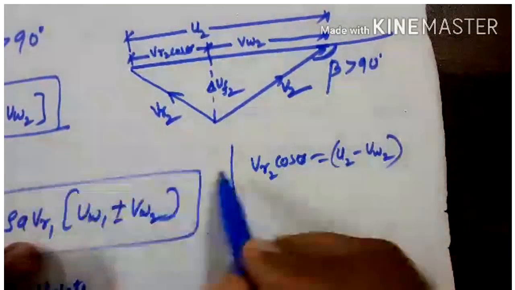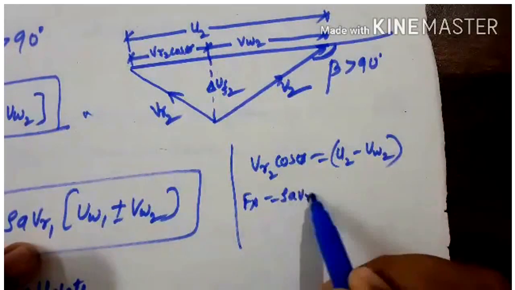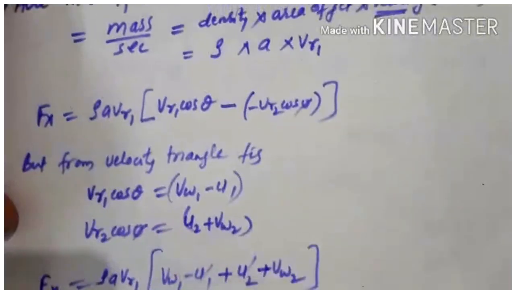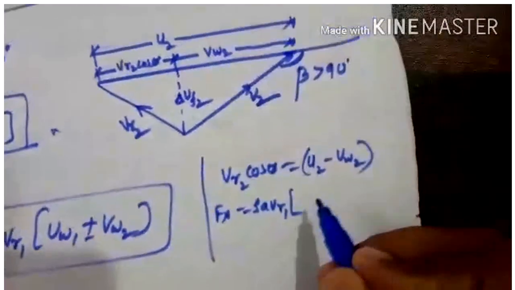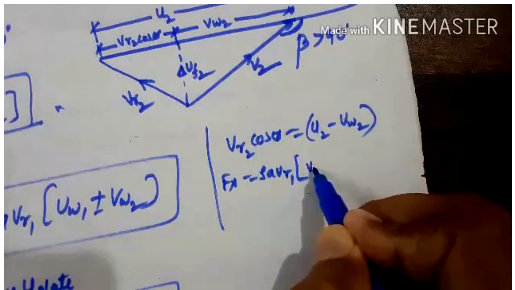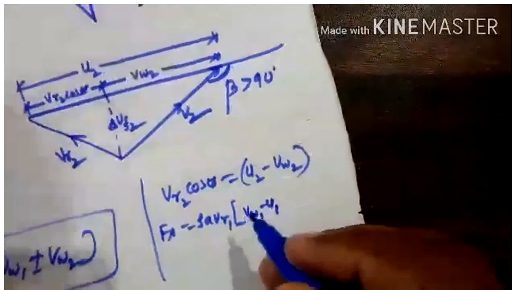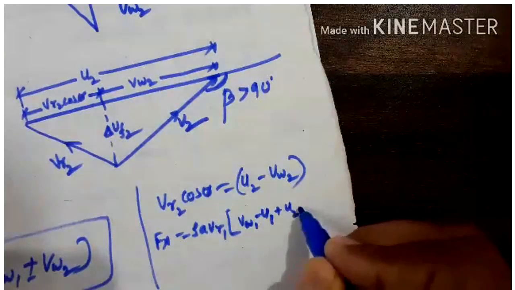So when you substitute in this equation, Fx will be rho A VR1 into VW1 minus U1, because U1 equals U2, plus U2 minus VW2.